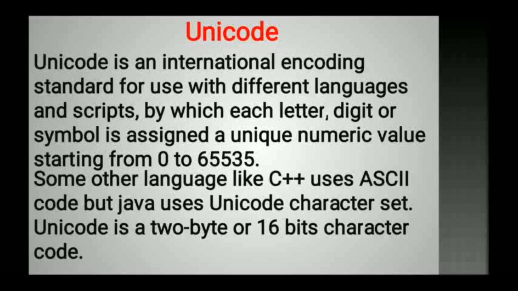It means the total number of characters is 65,536, and Unicode is a 2-byte character code set that represents characters of almost all the languages of the world, including English, Hindi, Bengali, Chinese, and so on. Using it, you can represent 65,536 characters, and the first 128 character codes are exactly the same as ASCII code.